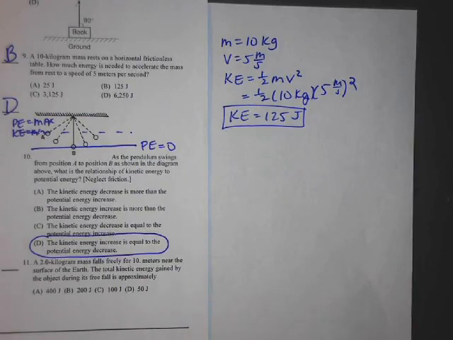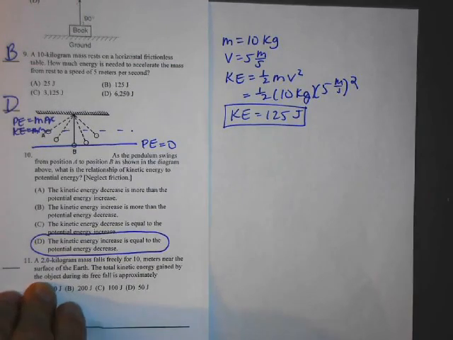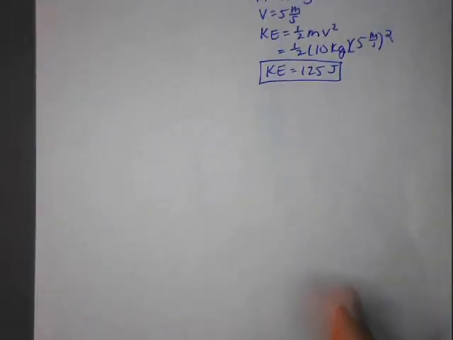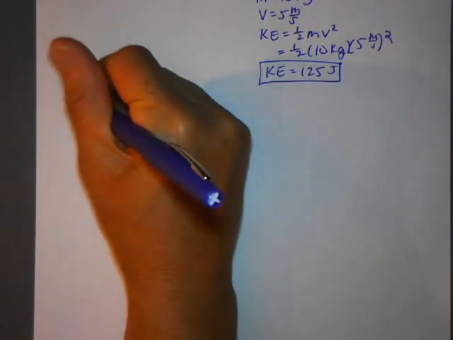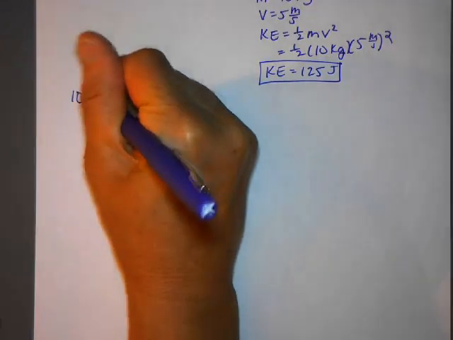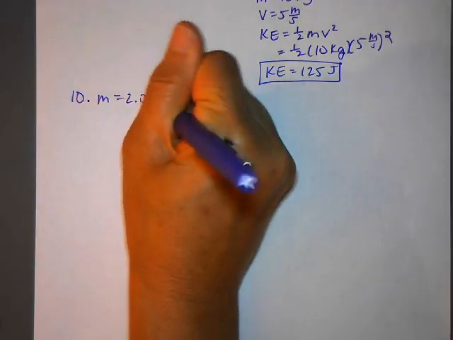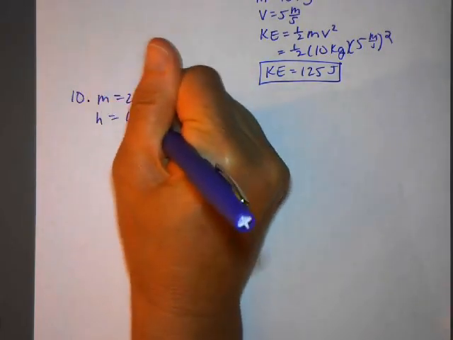All right, number 11. A 2 kilogram mass falls freely for 10 meters near the surface of the Earth. The total energy gained by the object during its free fall is, so this is, again, conservation of energy. So to do this one, we can say the mass is equal to 2, and the height is 10 meters.